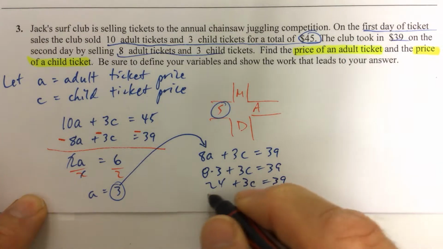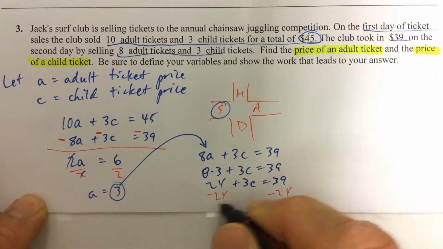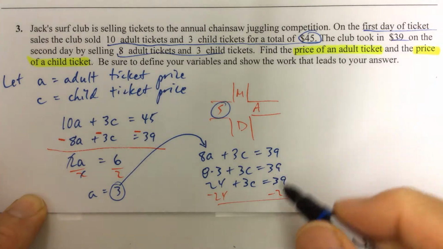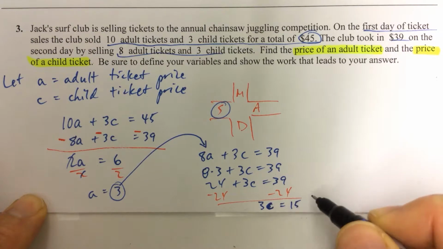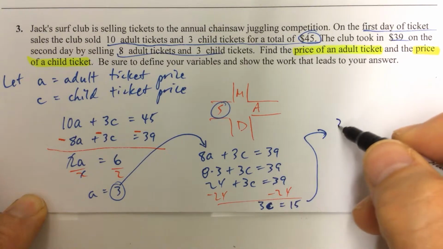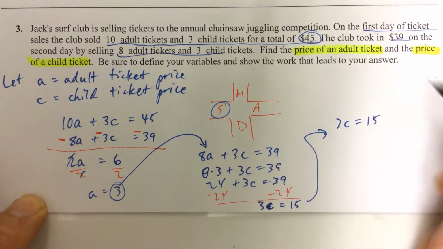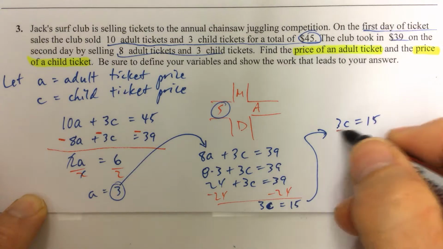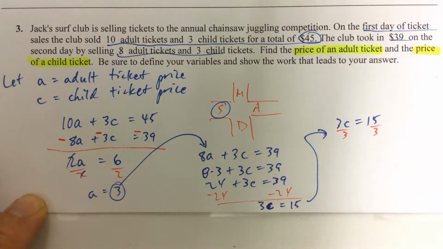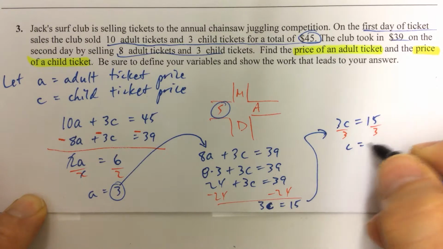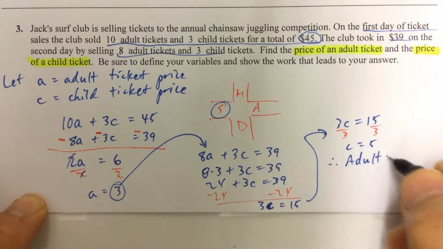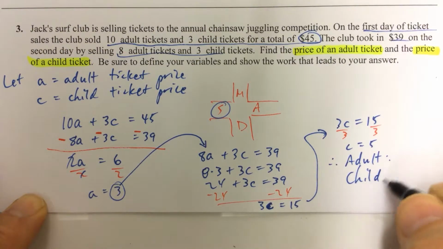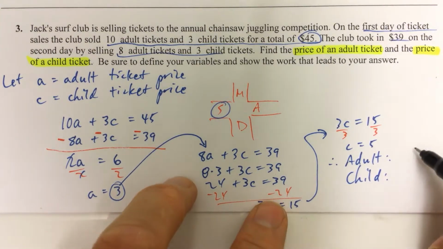We're going to subtract 24 from both sides, and we get 3C equals 15. And if we take our 3C equals 15 and divide both sides by 3, we get C equals 5.